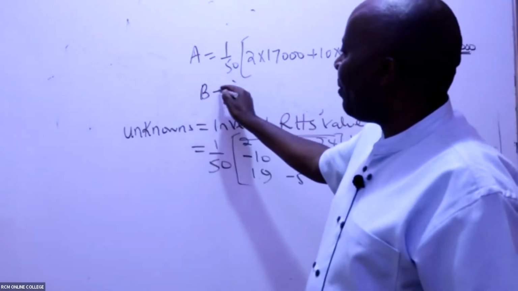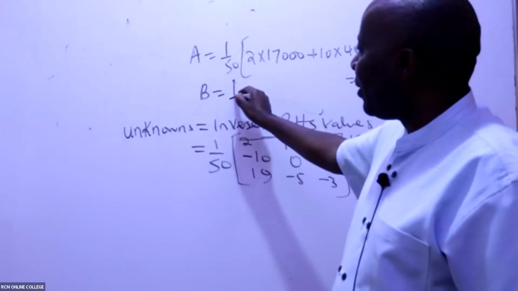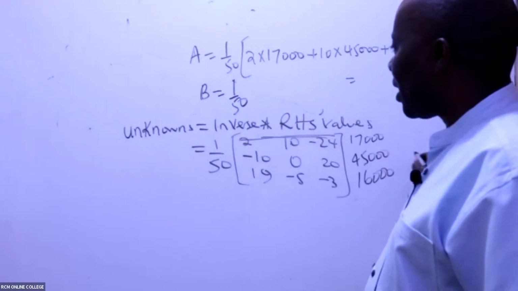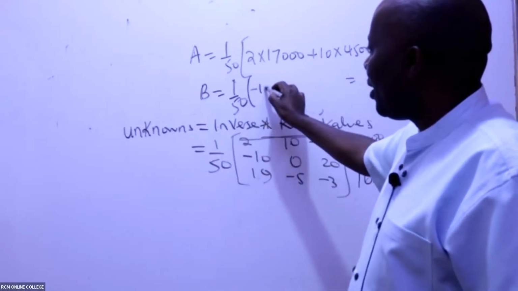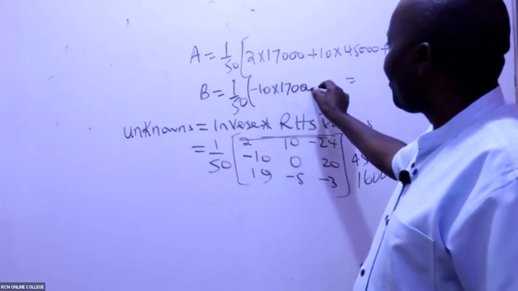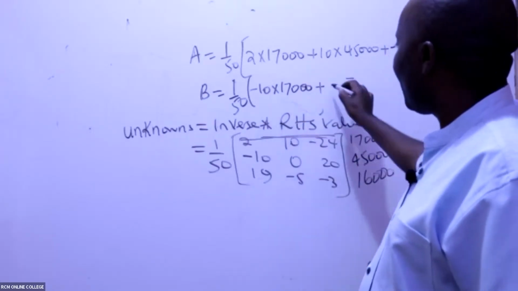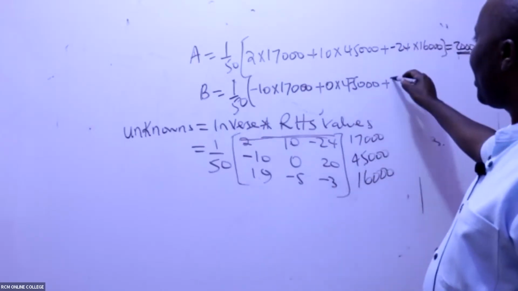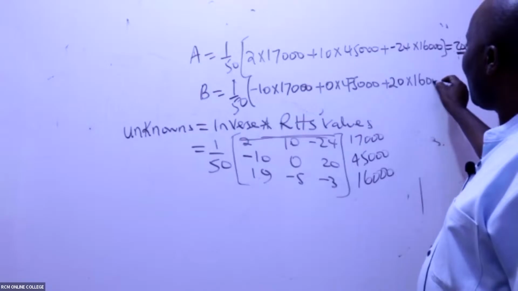For B, remember the constant for every one of them is 1 over 50. B is the second one, so it's again Roman Catholic. The second row gives minus 10 times 17,000, plus 0 times 45,000, plus 20 times 16,000.